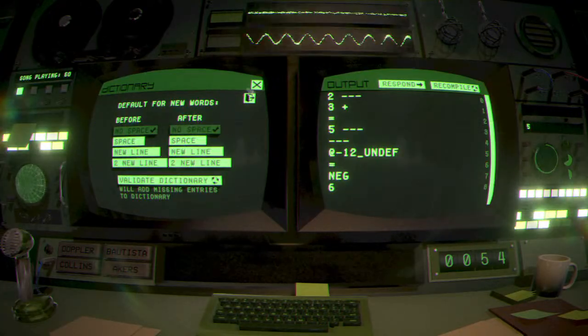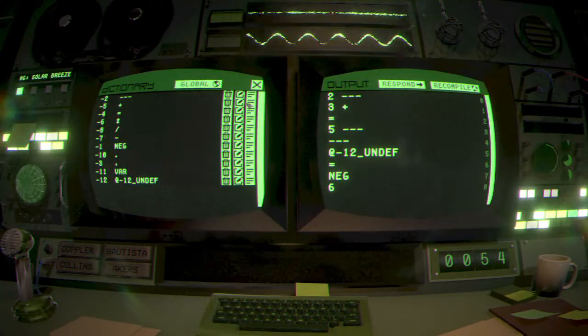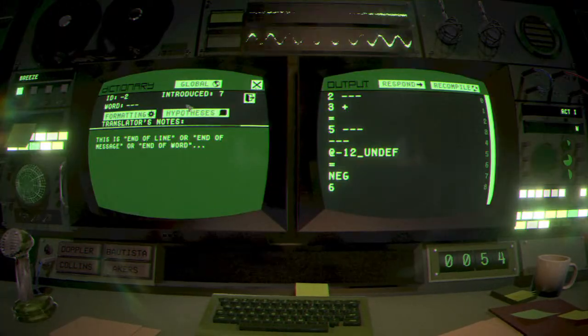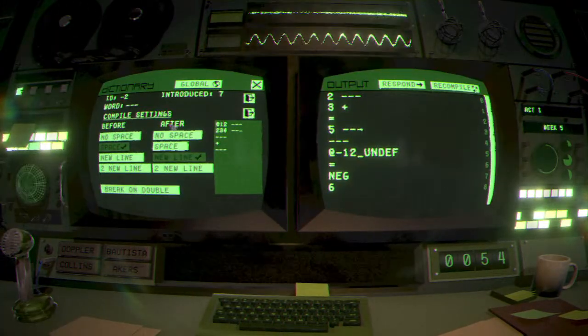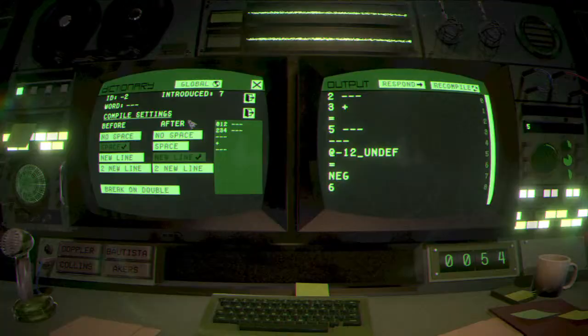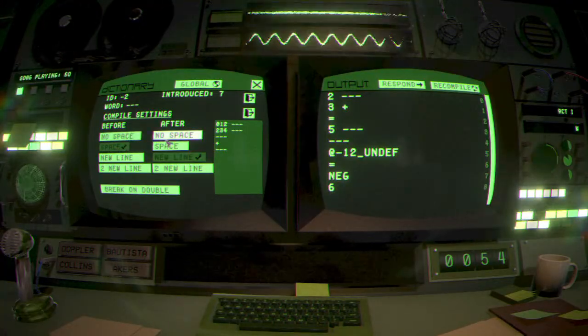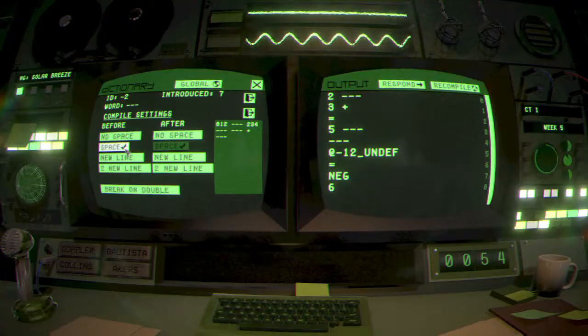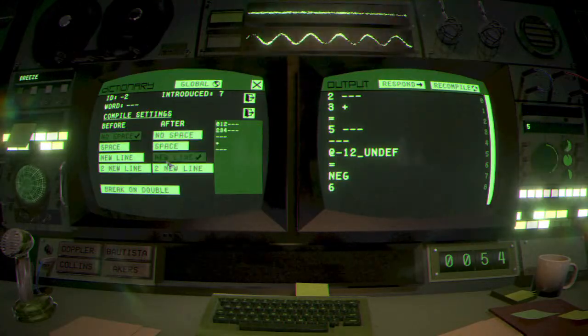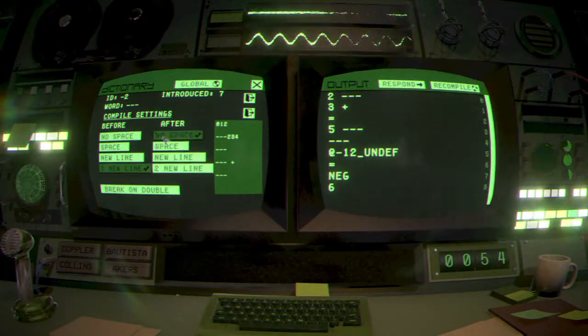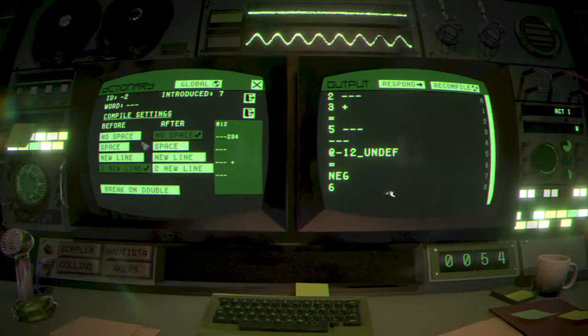So what if I do that instead? Formatting. Ah, I see. I think. Okay, so that's what this is for.